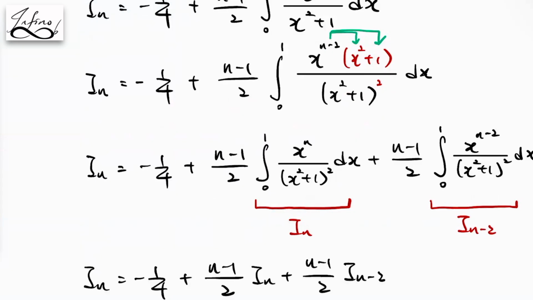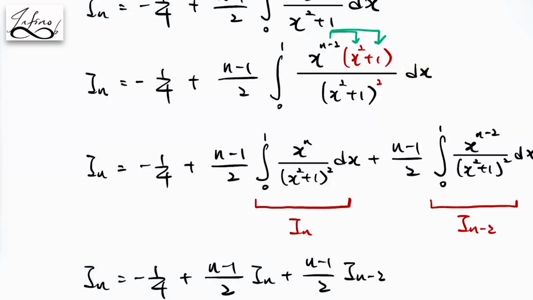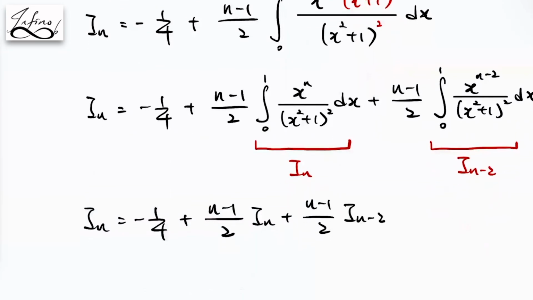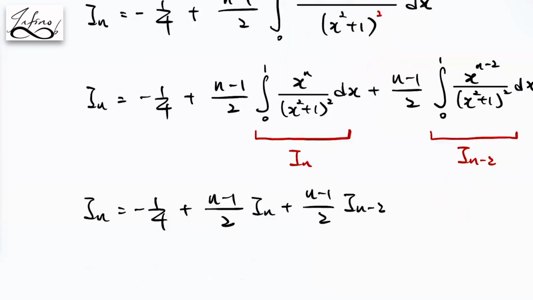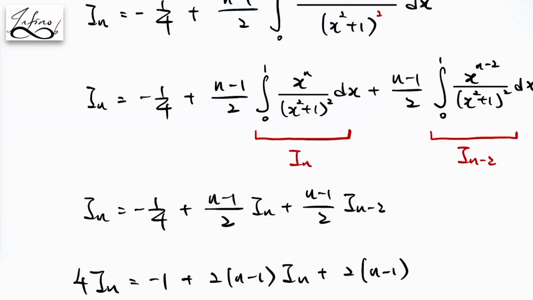So I didn't combine, like I didn't take out the (n minus 1)/2, because at the end of the day we have to extract the I_n. So that means I want to multiply the whole equation by 4. So I will have 4 I_n equals negative 1 plus 2(n minus 1) I_n plus 2 bracket n minus 1 I_(n-2).